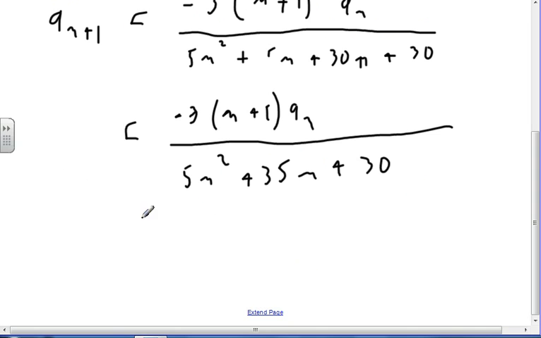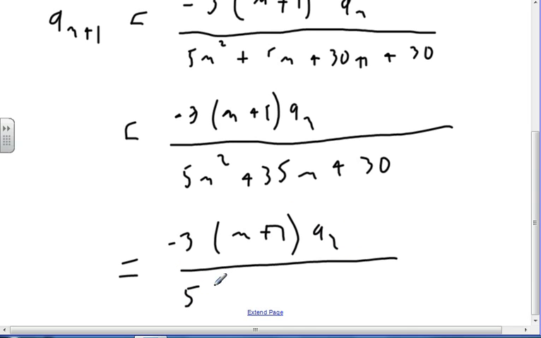If I take 5 out, I'm going to have 3n minus 1 an divided by 5 times n plus 1 n plus 6.